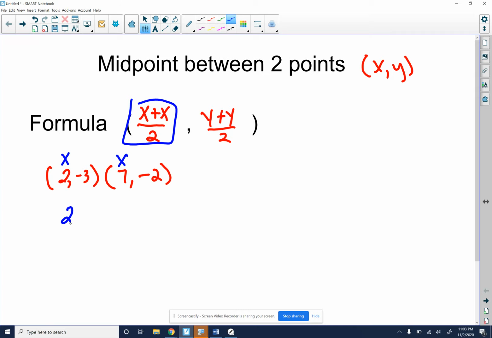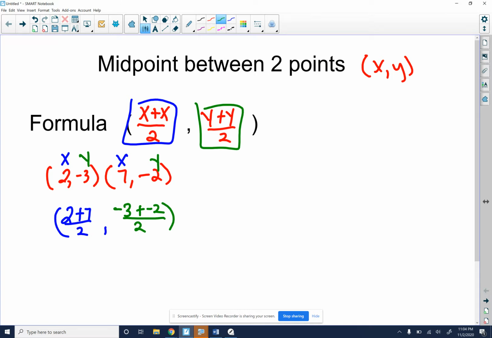So I take my x's and add them together, and then I divide by 2, comma, and then I do the same thing for the y's. I take my two y values, -3 plus -2, add them together, divide by 2. And then I can figure out from there what I'm going to end with.